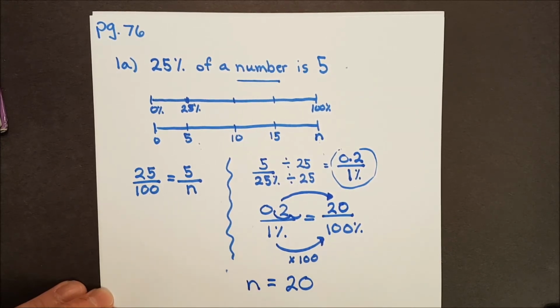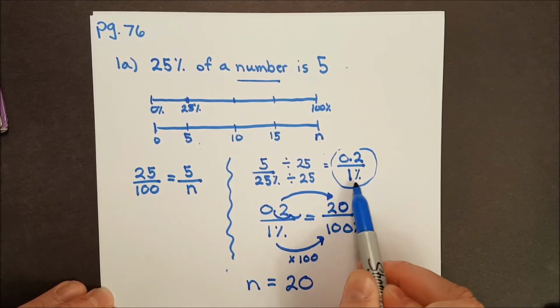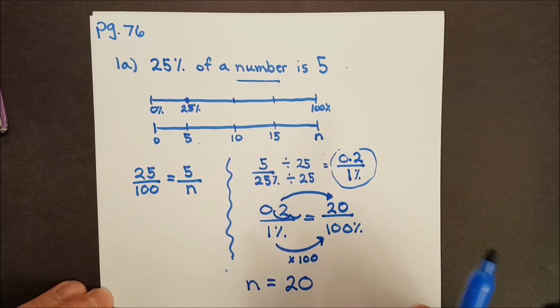I will do one more. I'll do 1b, and show you how to find percent, per 1%. It's like finding the unit rate that we did maybe a chapter or 2 ago. Let's move on to 1b. Okay, here we go, 1b.